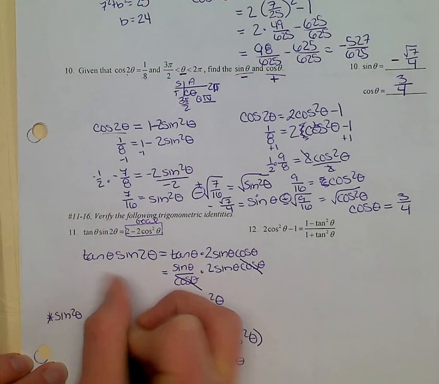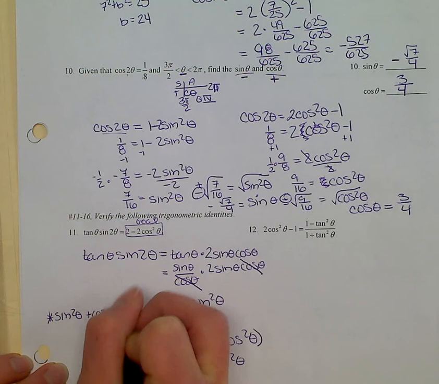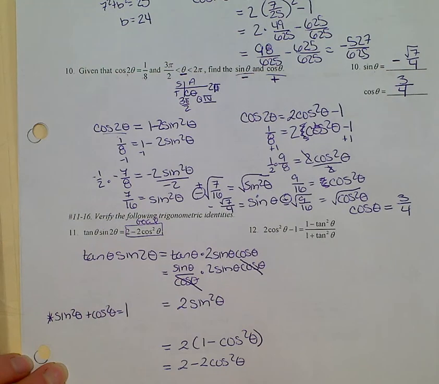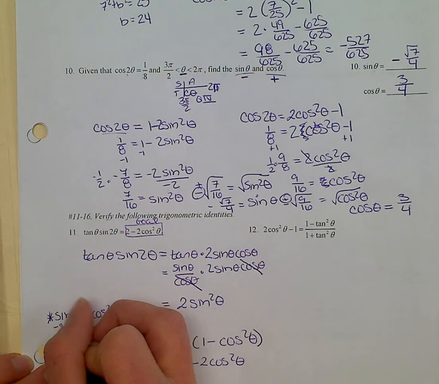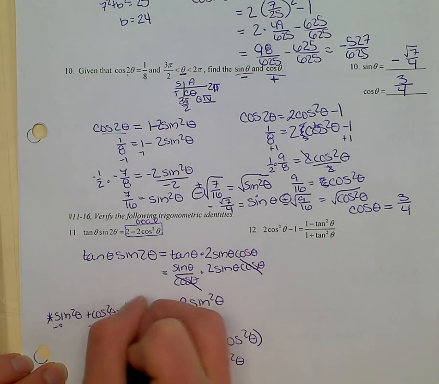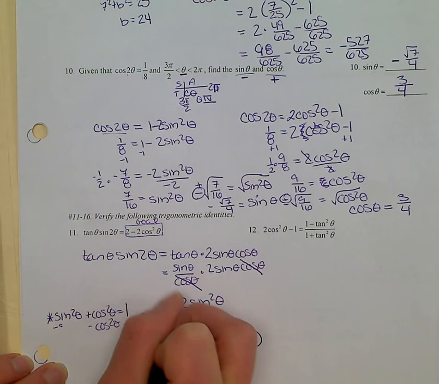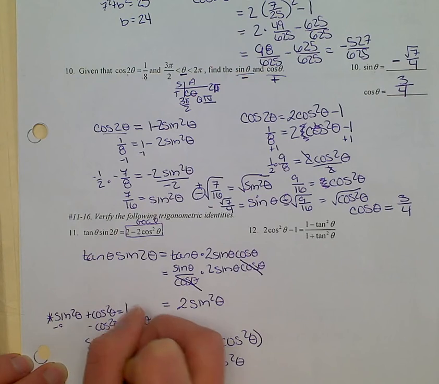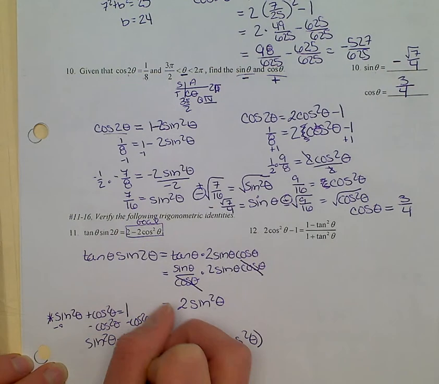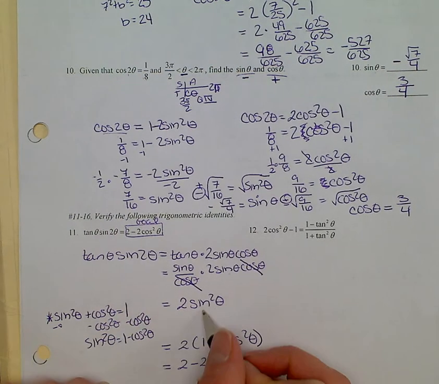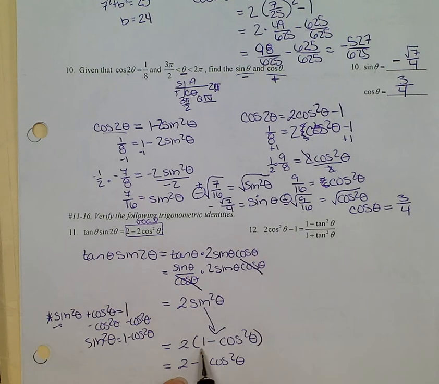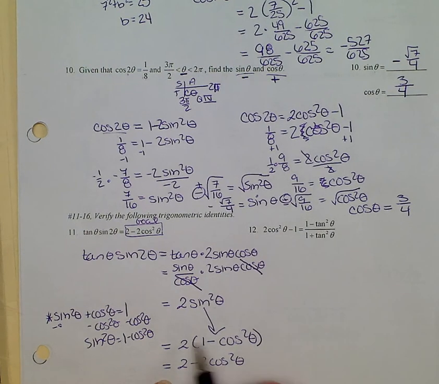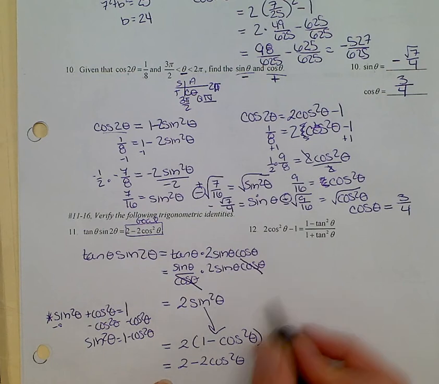Because if we have sine squared plus the cosine squared equals 1, if I subtract a cosine squared, we get that the sine squared of theta equals 1 minus the cosine squared of theta. So sine squared equals 1 minus the cosine squared of theta. If we were to distribute the 2, we reach our goal.